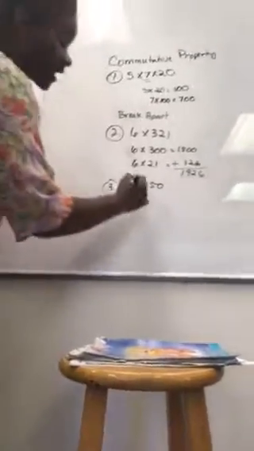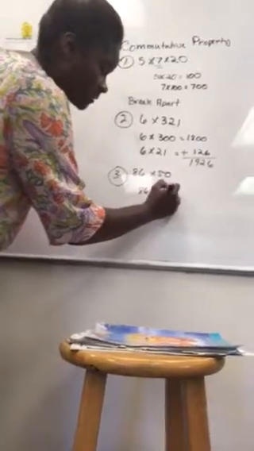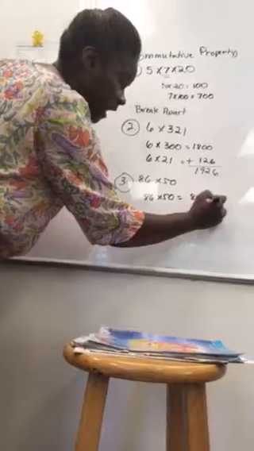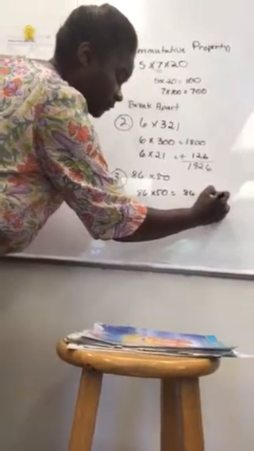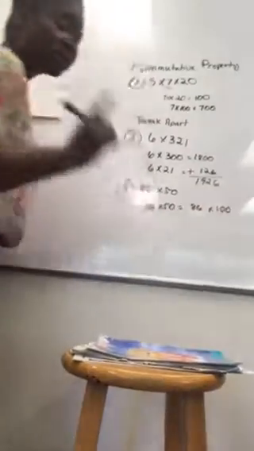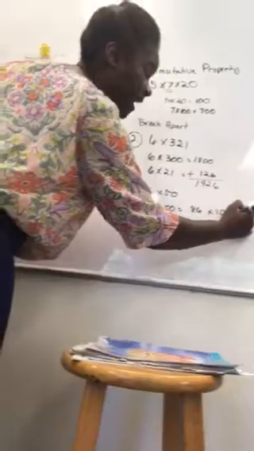So we're saying 86 times 50 equals 86 times 100. And you're correct, Dwayne. And so it's 86 times 100 minus 50.